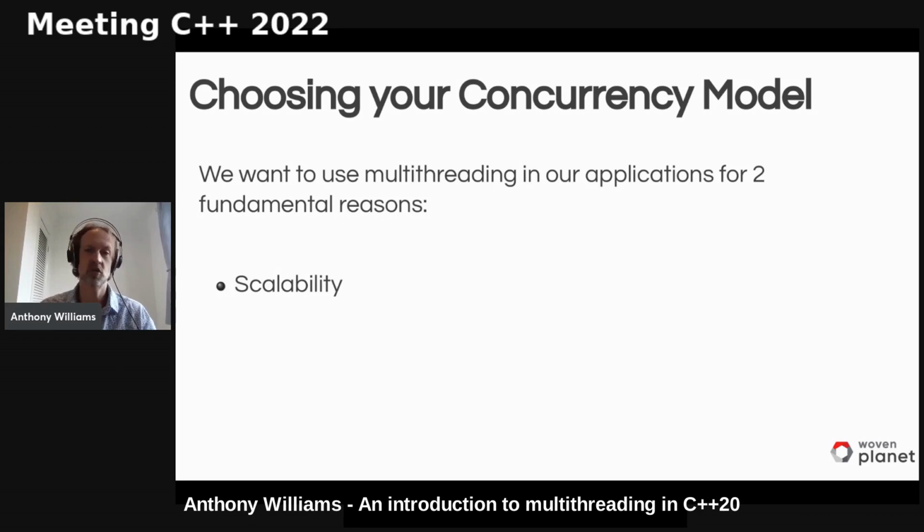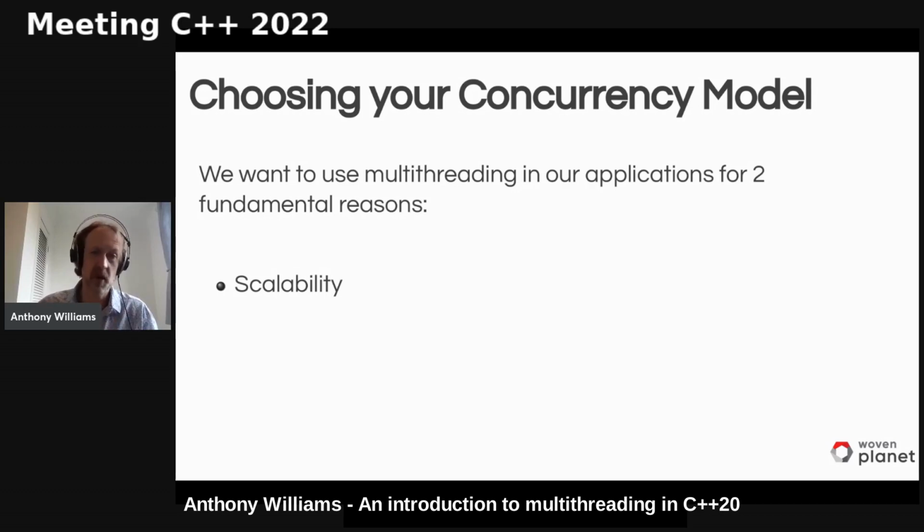If you're trying to run on a desktop Windows machine, for example, then some people might still have single core or dual core computers, and other people might have Threadrippers with 64 cores. And if you want your application to work seamlessly and take advantage of the more cores, then you need it to be scalable.